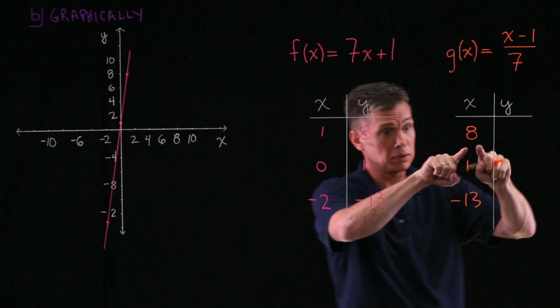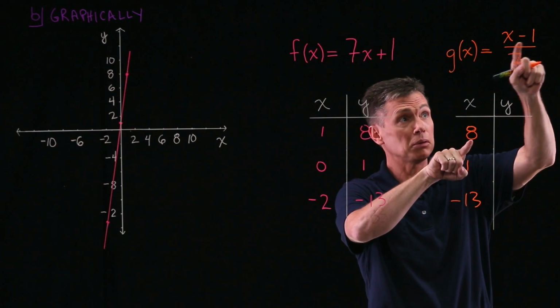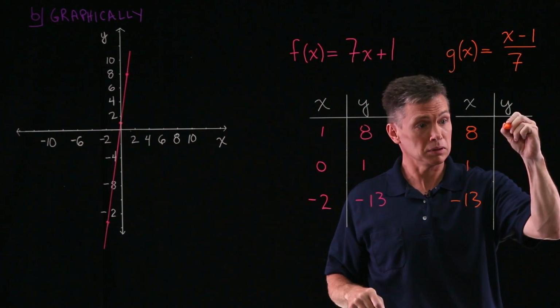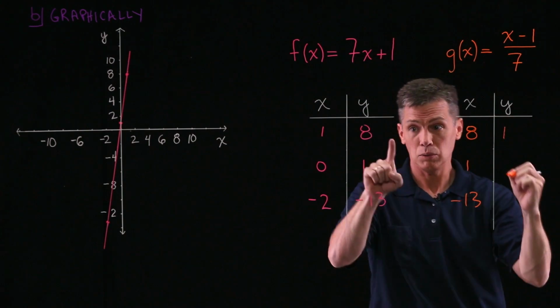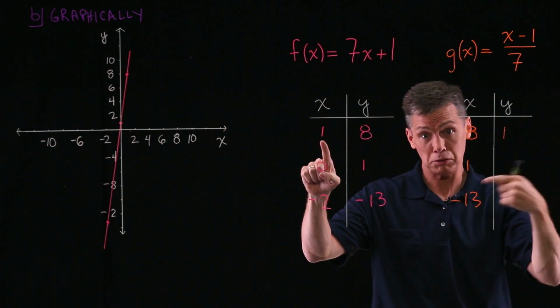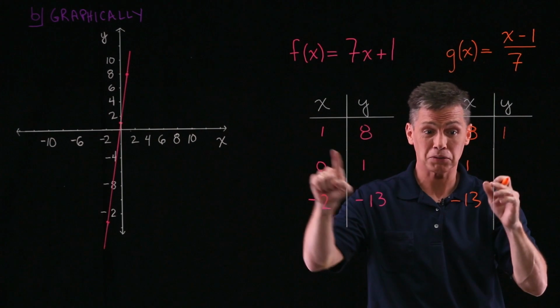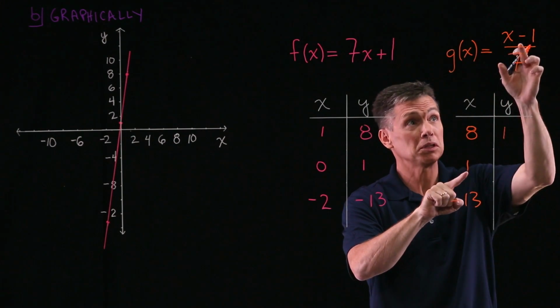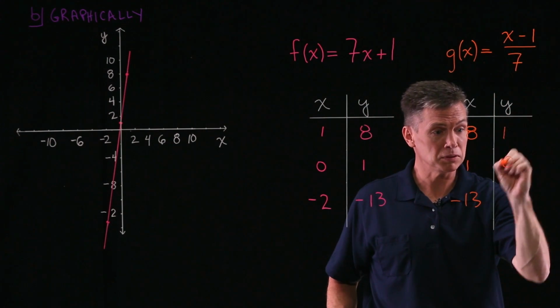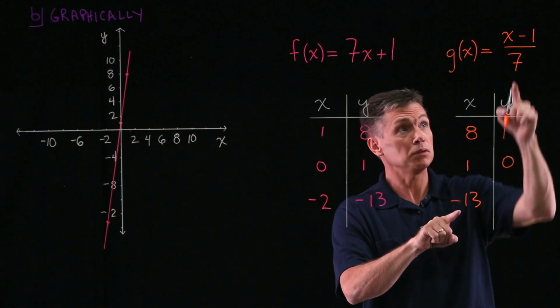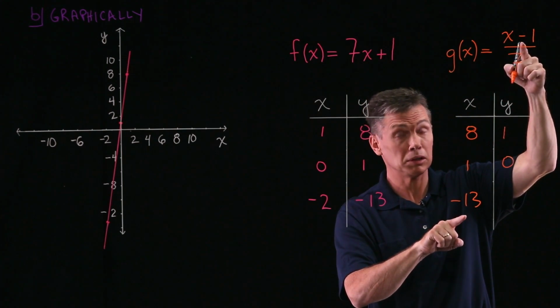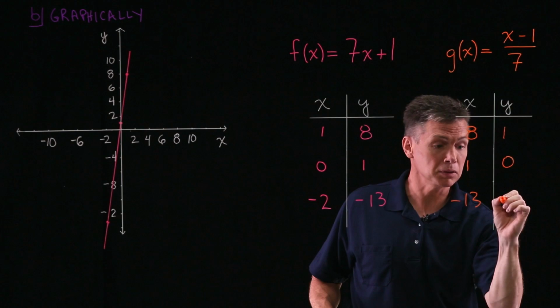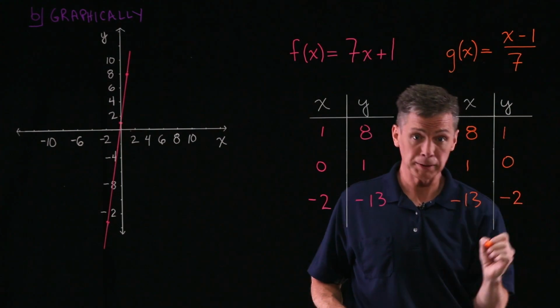And watch what happens. 8 plugged in here, 8 take away 1 is 7, divided by 7, that's 1. You end up with the corresponding x value from the earlier table. Not a coincidence. Plug in a 1, 1 minus 1 is 0, divided by 7, still 0. Minus 13 plugged in, down to negative 14, divided by 7, and I get a negative 2, right?